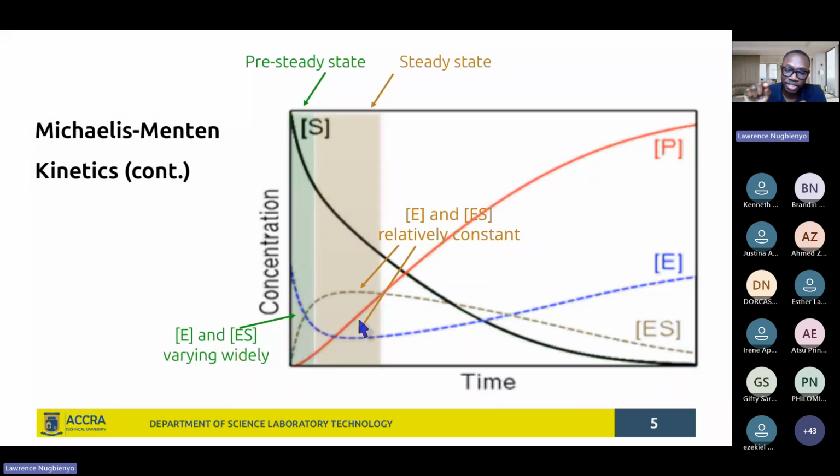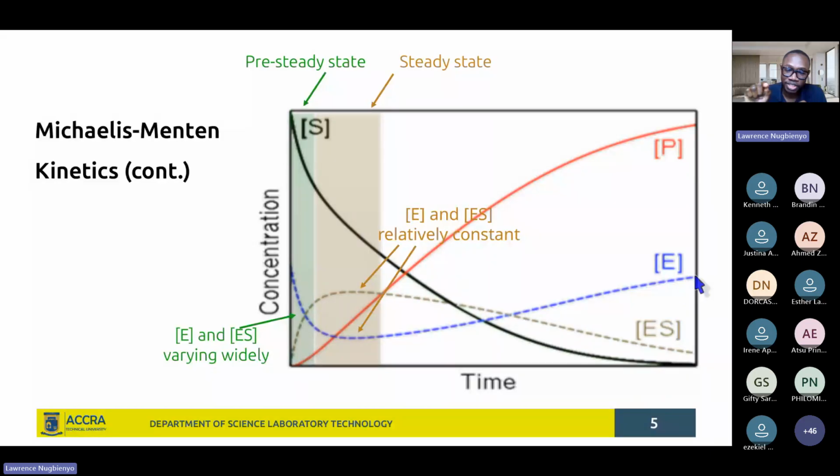In that same manner, once more of the enzyme substrate complex goes into the formation of products, because the enzyme substrate complex goes to the transition state and then forms products, it means the enzymes will be getting free until the concentration of the enzymes is what you get at the end.